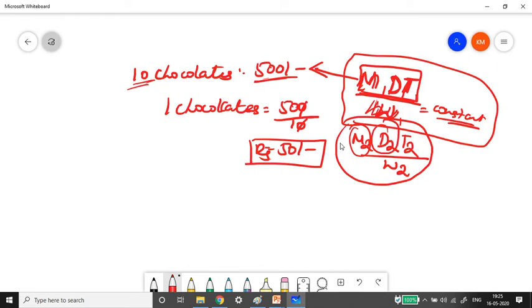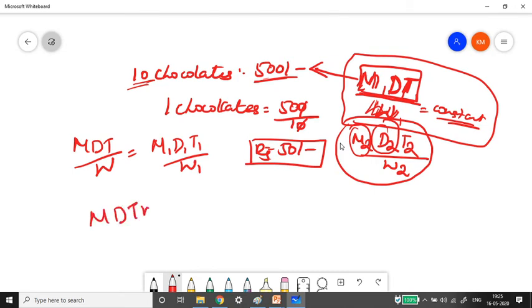So this is how it works. MDT divided by W is equal to a constant, or you can write M1 D1 T1 divided by W1. If you take it to the numerator, you will have M1 D1 T1 and W1. Sorry, this is just W. So this is how this formula arrives.